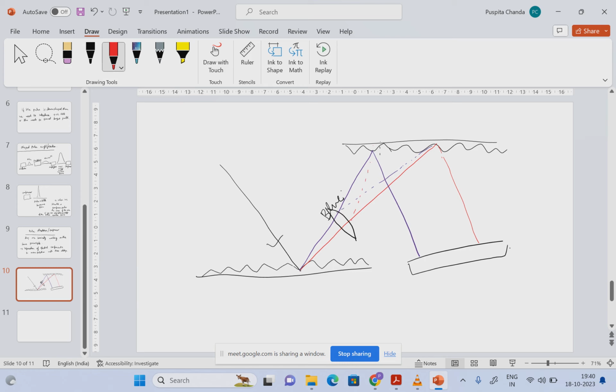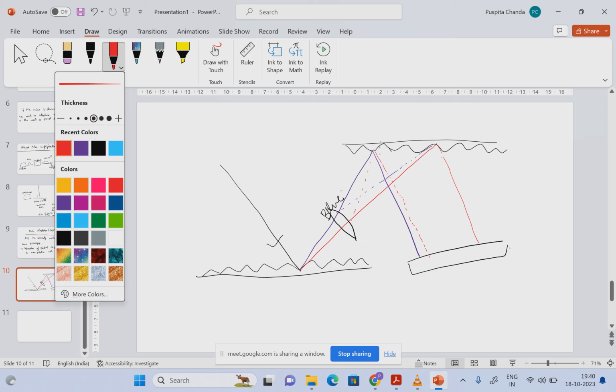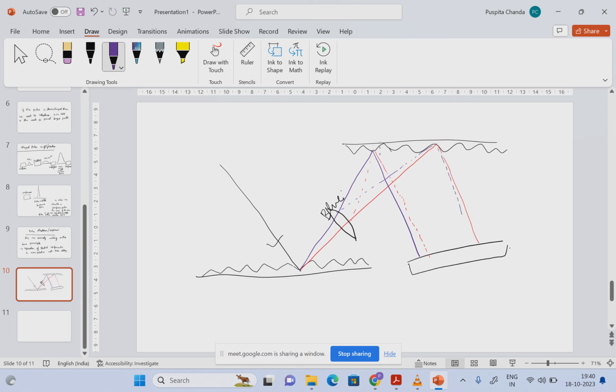Then the red path will come like this. Here you need to put a lens also. So you can convert a stretcher to a compressor by only putting this lens, or a compressor to a stretcher.